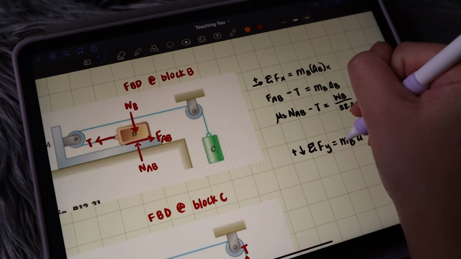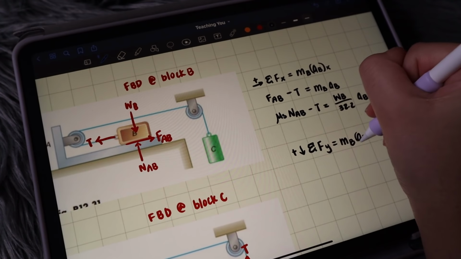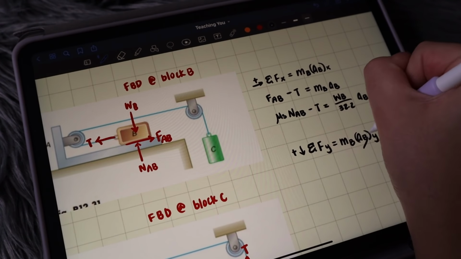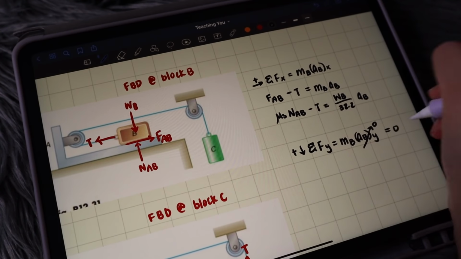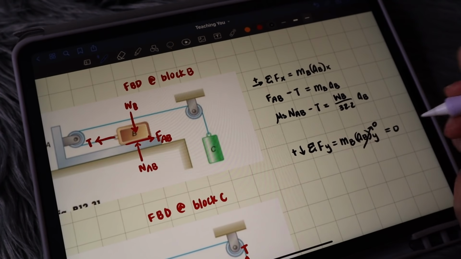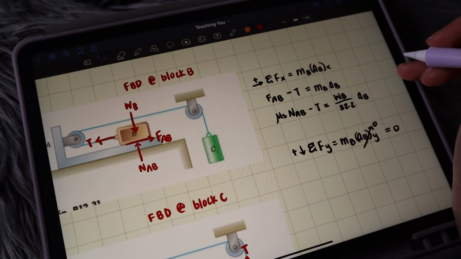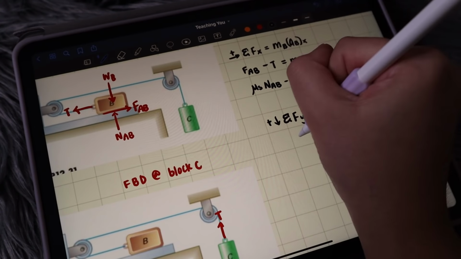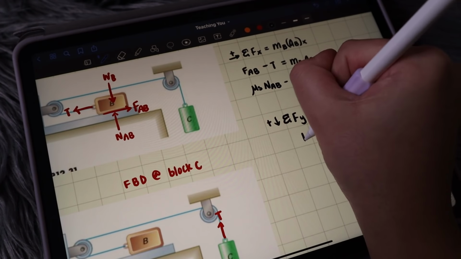And then that's going to equal MB times AB in the Y direction. However, there's no movement for B in the Y direction, so this is going to go to 0. So if you sum up all of your forces, it's going to equal 0 ultimately. Okay. So we have weight of B going down, so that's a positive.